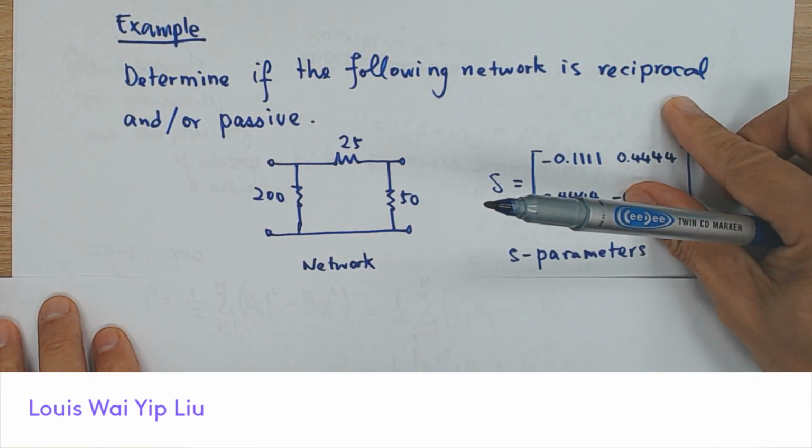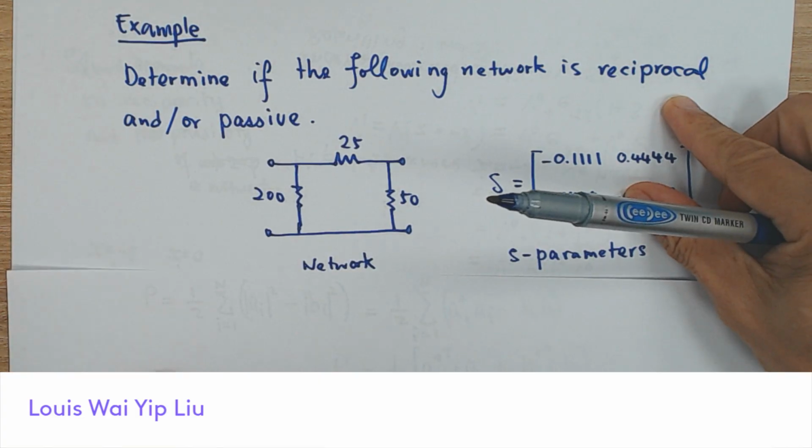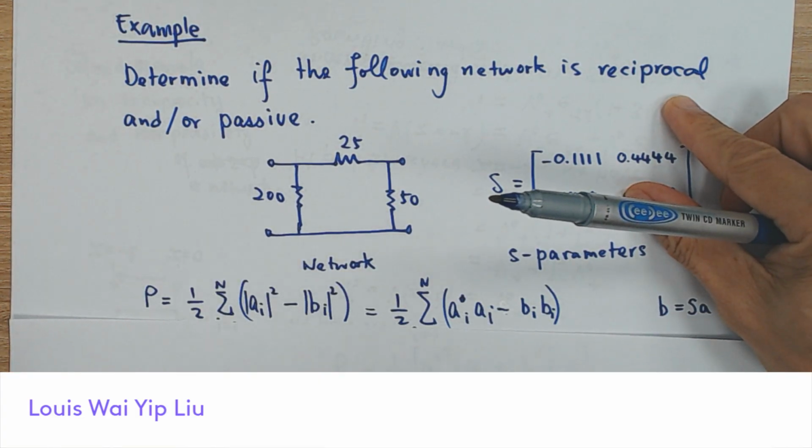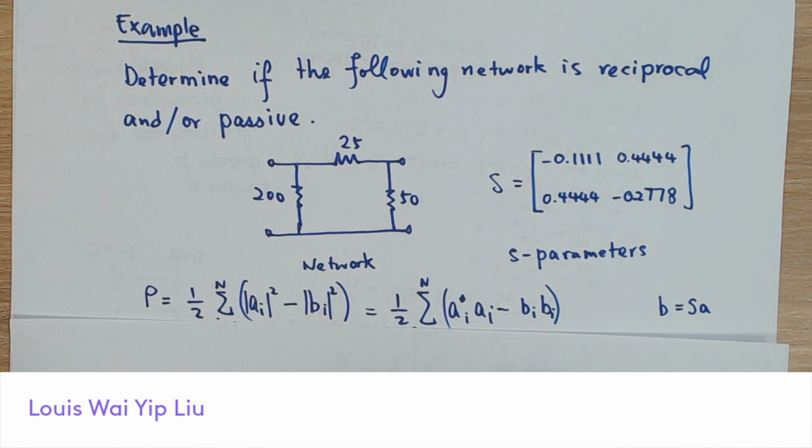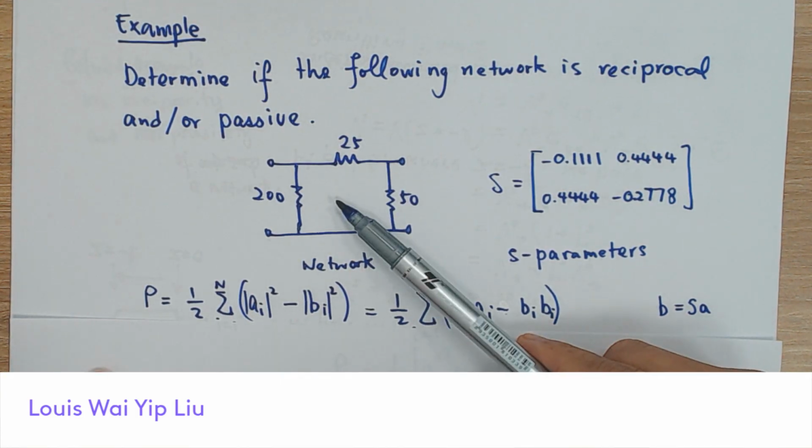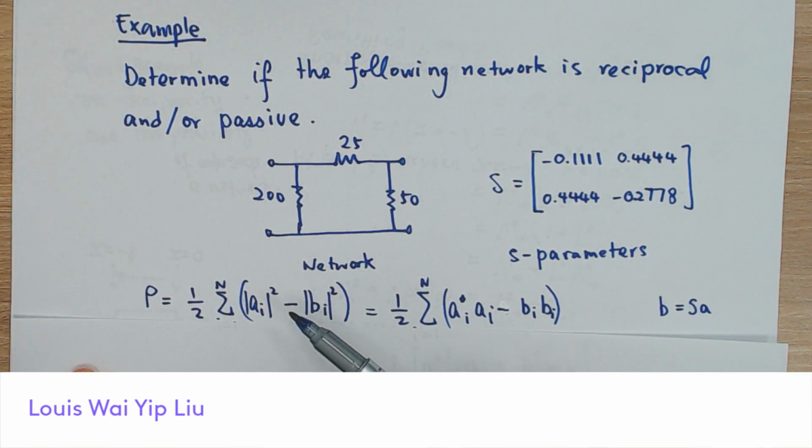To begin with, we need to use this equation to determine the total power loss of this network. The total power loss can be determined using this equation, where P stands for power, A for incident power, and B for reflected power.